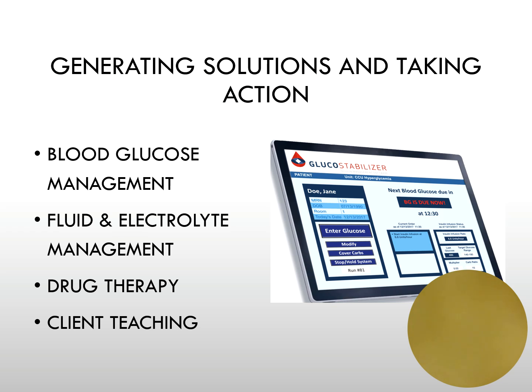Different things that we would teach the client are about sick day management. We need to encourage the client to check their blood sugar at least every 2 to 4 hours when the client has anorexia, nausea, vomiting, or blood sugar levels over 250.